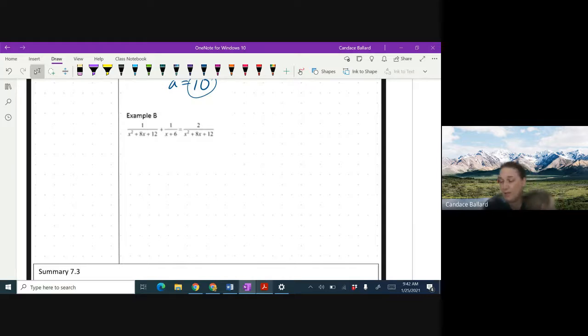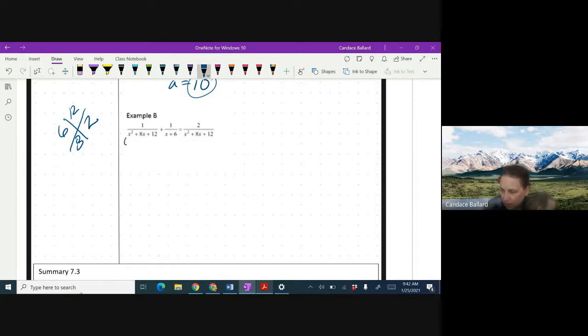Okay, so good old magic X. Can you help me out? What two numbers multiply to 12 and add to 8? Can you tell me that in the chat, please? Okay, 6 and 2. Nice job.